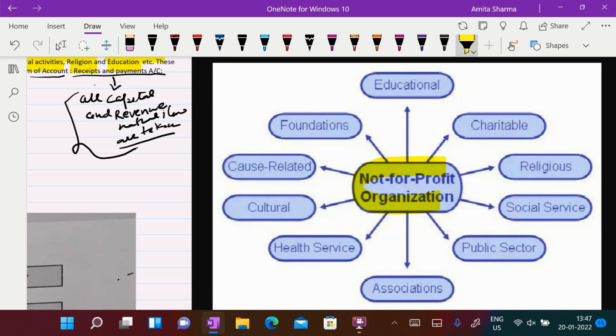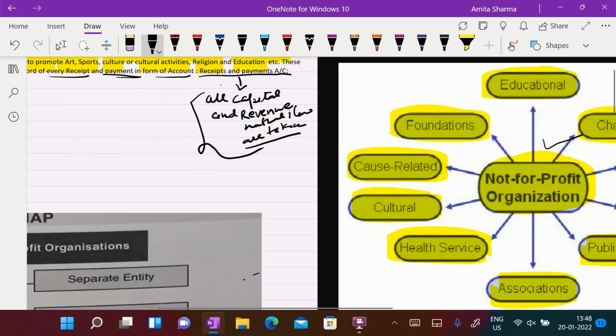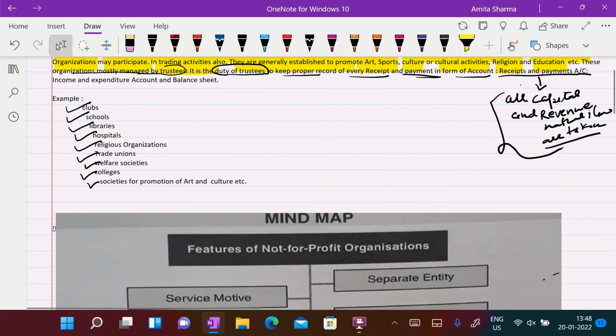Not-for-profit organizations are established for the purpose of charity, charitable institutions, religious institutions, social service, public sector, association, health and services, cultural, cause related, foundation, and education institutions. All these organizations are called not for profit organization because their main aim is not to earn profit but to serve the society. So, the meaning and introduction is clear to you.